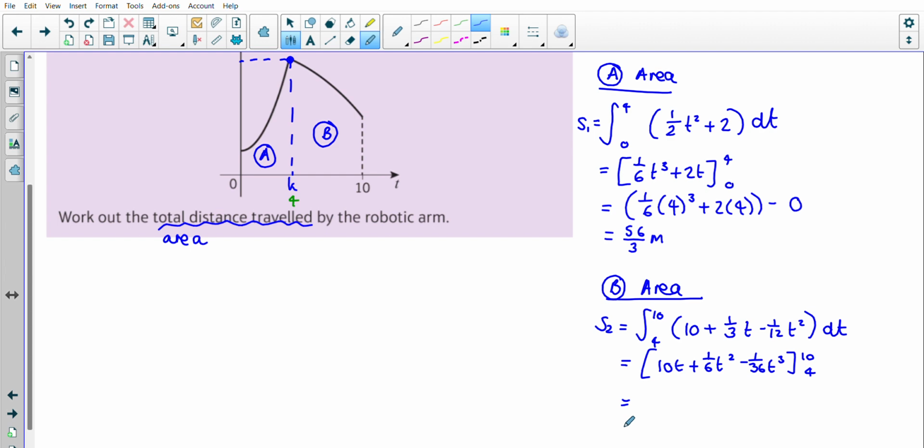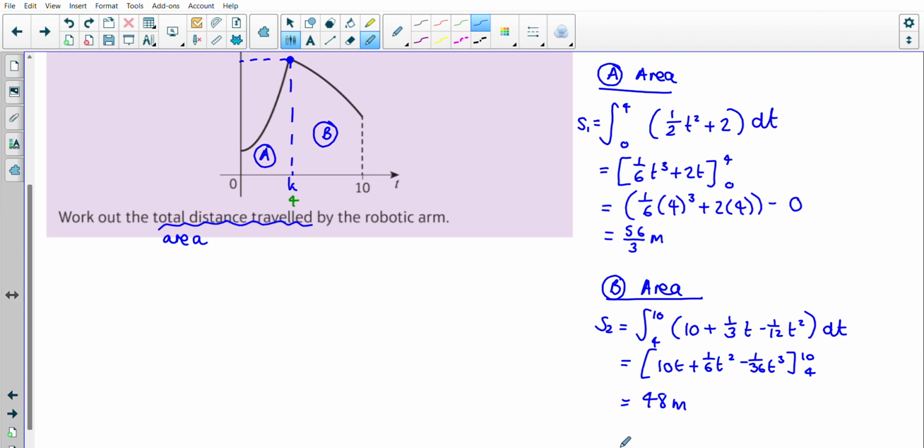And I'm getting 48 meters. Okay, so when I integrate 10 plus a third t minus a 12t squared, between the limits of 10 and 4 I get 48, so just double check that.